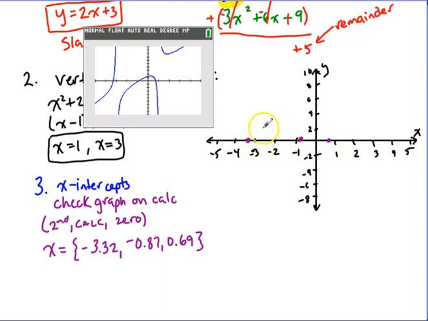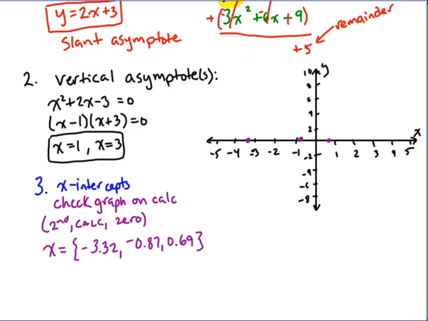Okay, and then we had our, we can get rid of this thing here. Okay, I was imprecise here. Let's go back and fix our vertical asymptote.